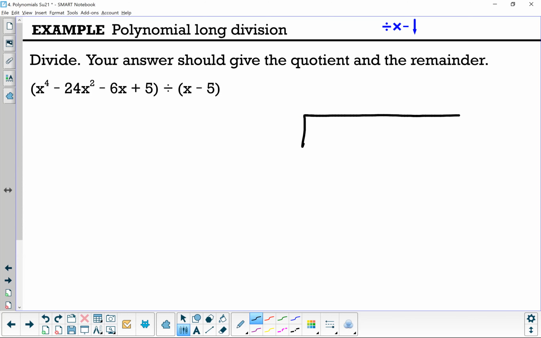So the way we're going to do that is we have x to the fourth. We don't have an x cubed term, so I'm going to just put a 0 placeholder plus 0x cubed. Since it's 0, it doesn't change the value. It's just a placeholder minus 24x squared minus 6x plus 5.